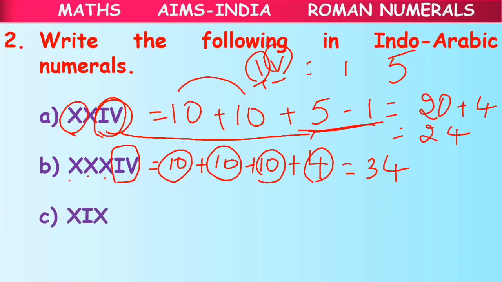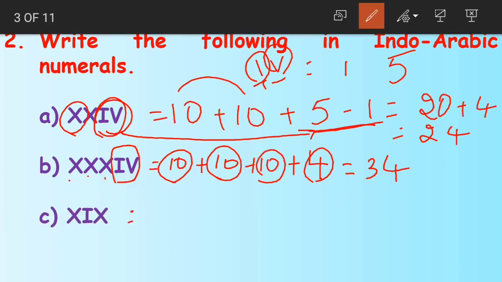The next one is XIX. Again here the first symbol is X, which stands for 10. Then we have IX. In IX we have I, which is the smaller Roman symbol, to the left of the larger symbol. So the smaller symbol is to the left of the larger symbol.